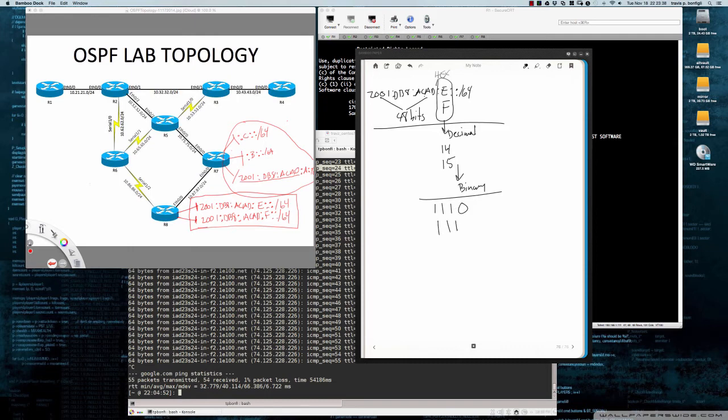And then 15 is pretty easy, it's just all ones. Okay, so we need to make sure we remember, though, that the leading zeros in these hextets have been dropped. So in effect, we have 12 additional bits that are over here to the left, which we need to make sure we account for.